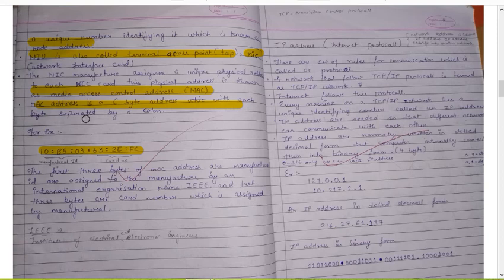Again I am saying, a MAC address is simply an address which is present on every device, and which uniquely identifies the device. That physical address of a device is termed as a MAC address.